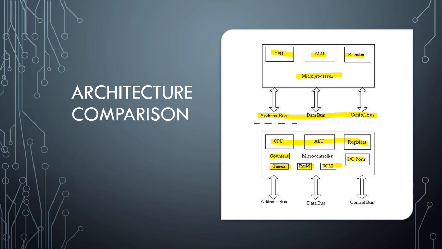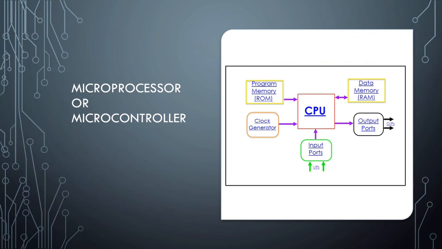So it contains a lot more components, and it also communicates via buses. So what do all these terms mean? Let's move on and we'll see the explanation for some of these terms and what these components are actually doing within microprocessors and microcontrollers.